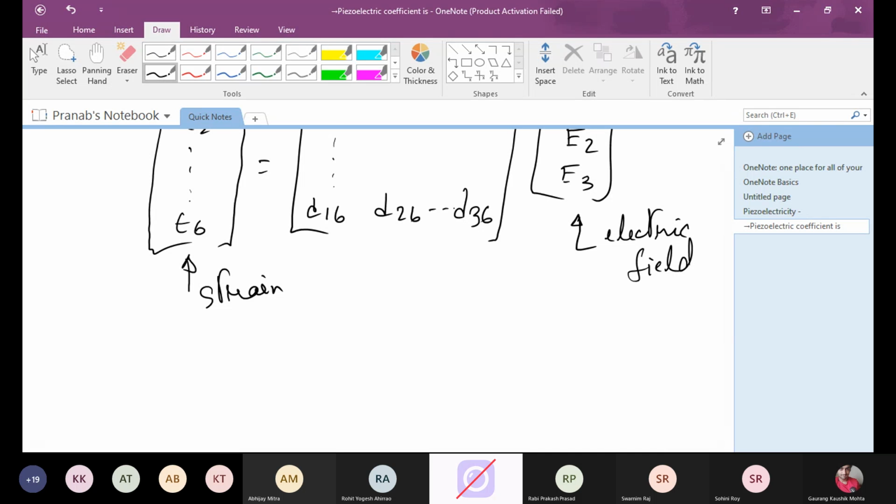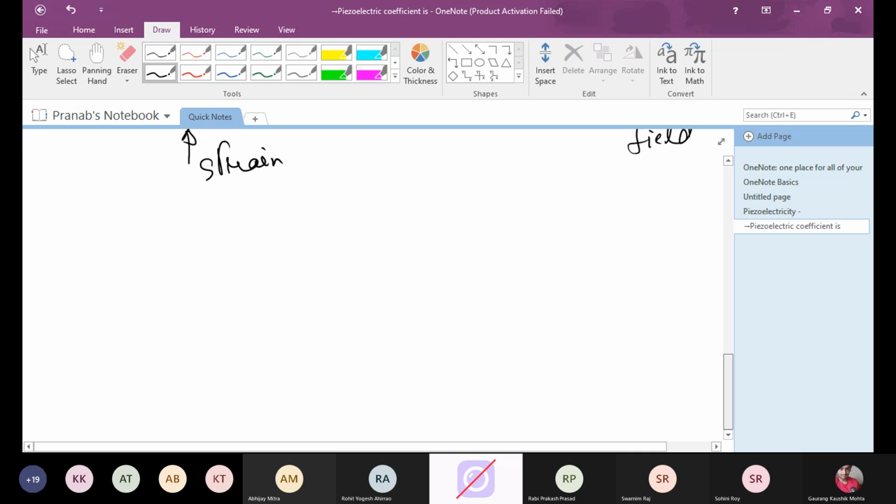Only 5, 6 are of considerable value or magnitude. So therefore, there are some principal directions that are necessary to be identified. That is one of the main things of designing a piezoelectric sensor or device. So we have to first identify the directions.